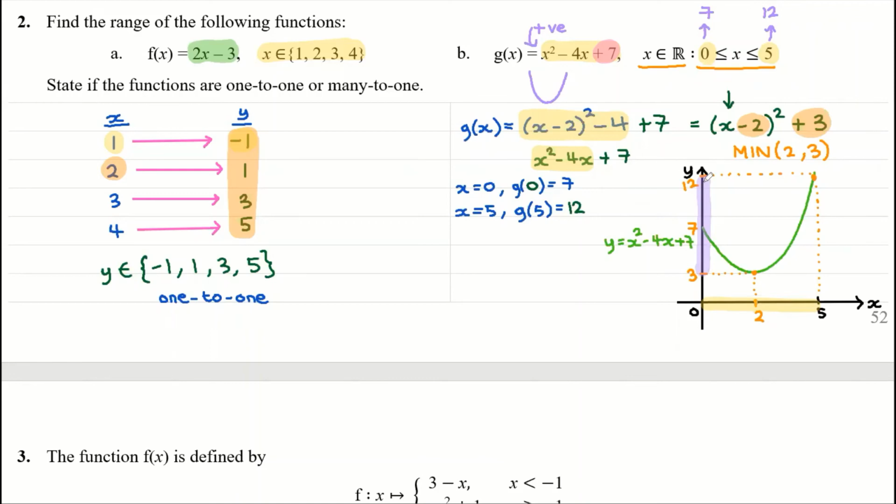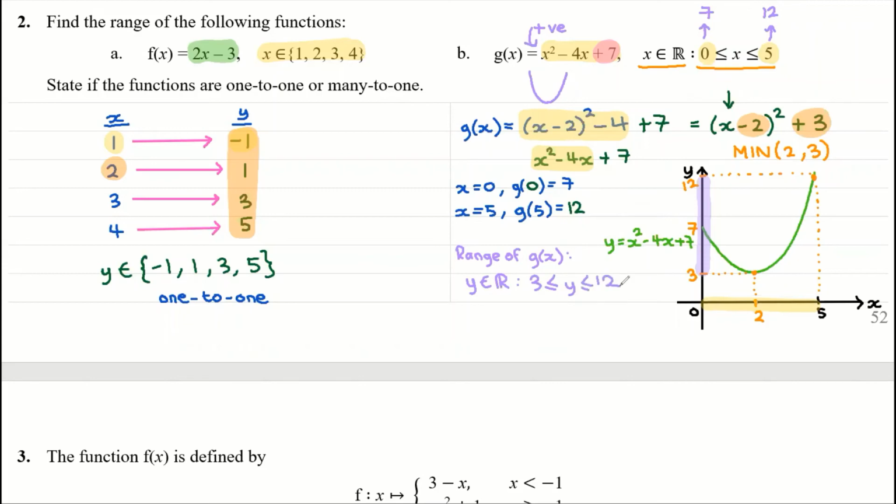Okay, so that's the range of values. So let's write that down now. So the range of g is y would be any real number such that it's between and including 3 and 12.